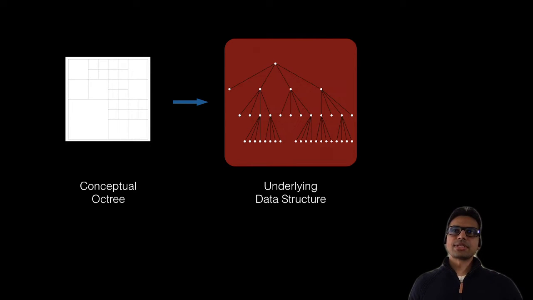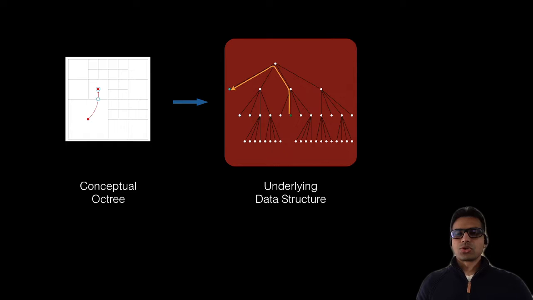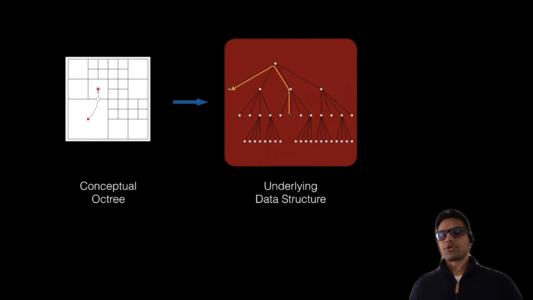Now, a collateral consequence of this design choice is that neighbor lookups require moving up and down the tree, which requires expensive pointer dereferencing operations. And these operations are very slow. So the typical rule of thumb is that for the same number of degrees of freedom, an adaptive data structure is roughly 10 times slower than a uniform data structure, such as a uniform grid.